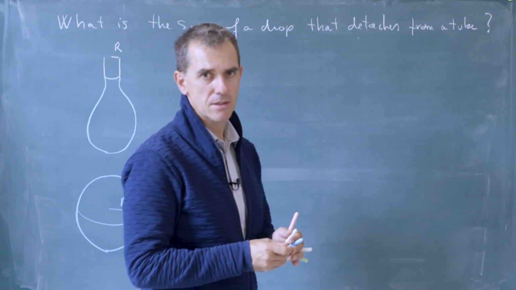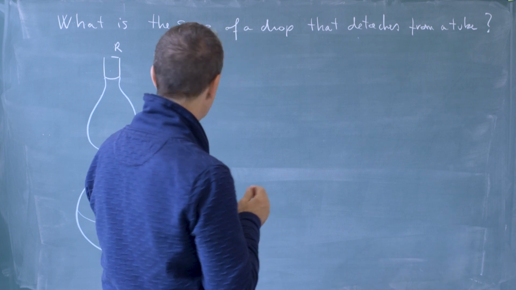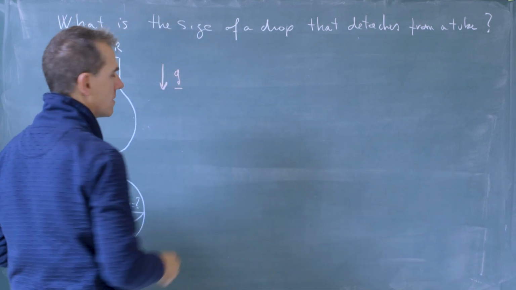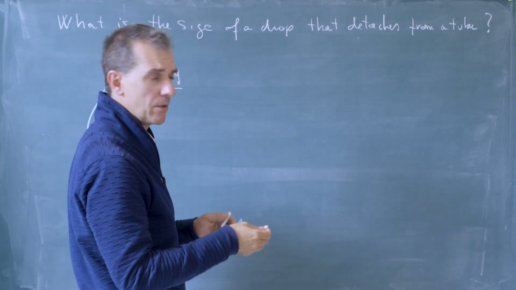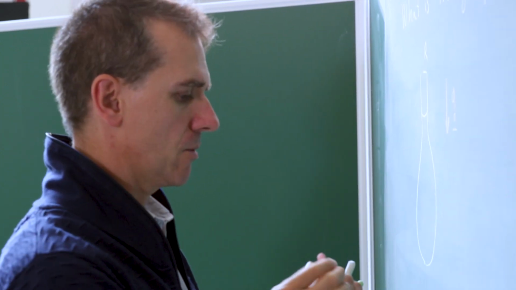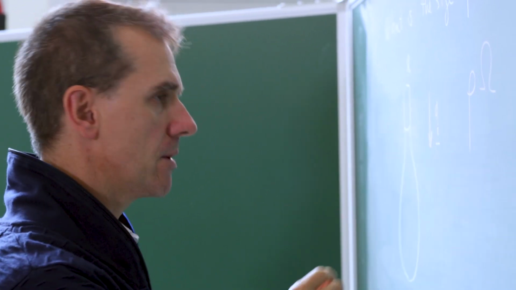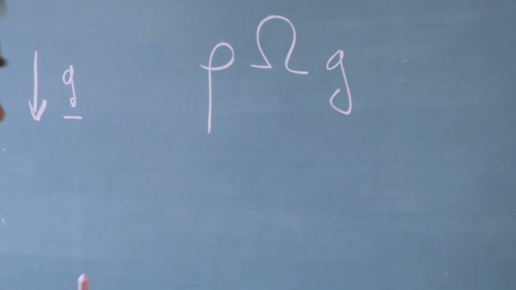So if we want to answer this question, what we do is balance the two forces that act on the drop. The first one is the weight. The weight goes like the density of the drop times the volume of the drop times gravity.